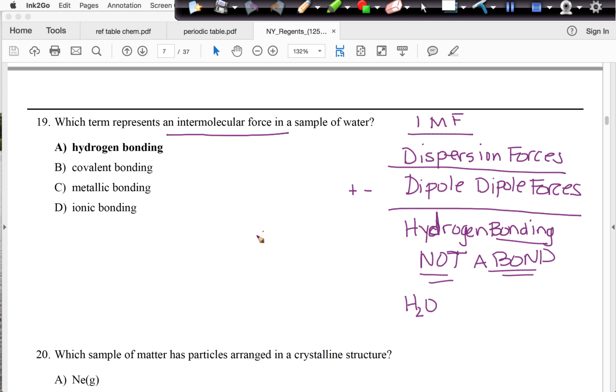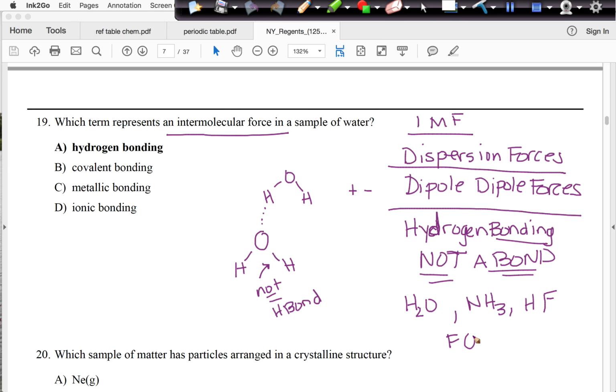So it would be one molecule of water attracting another molecule of water. This is not a hydrogen bond. It also happens in ammonia and HF. So it's any time hydrogen is bonded to F, O, or N, the intermolecular force of attraction can be hydrogen bonding.